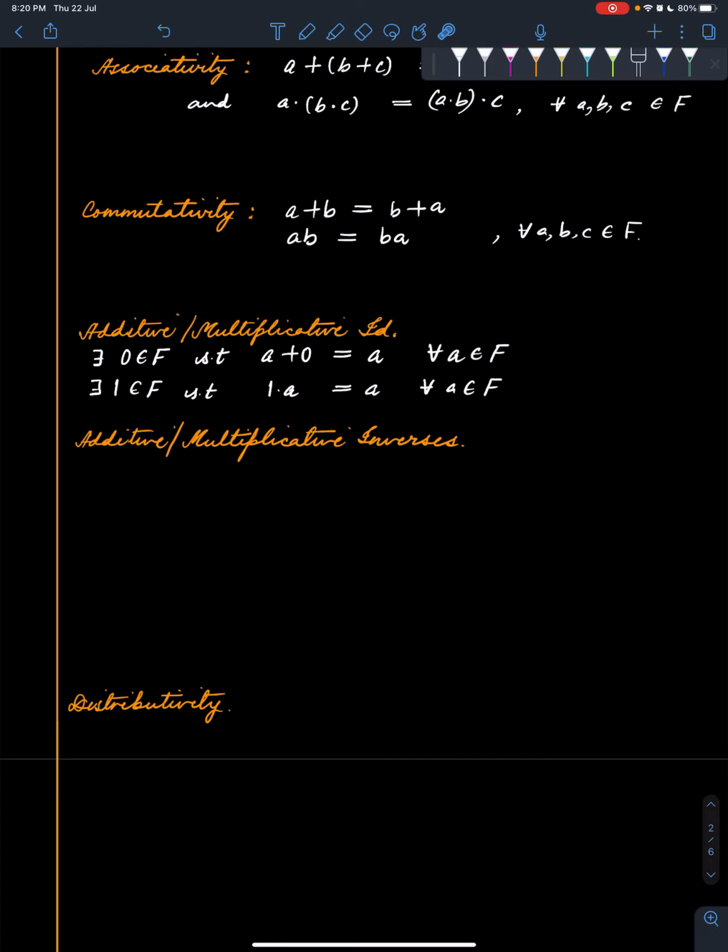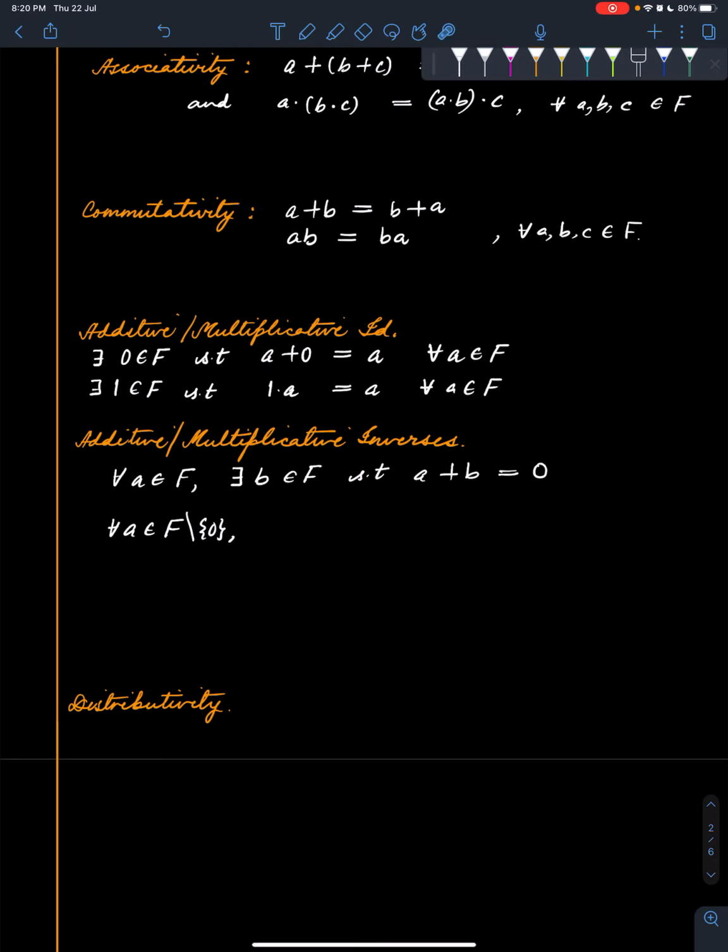And now for the additive and multiplicative inverses. So what we demand is that for all members in the field, there is some a prime, or let me write b, there is some b in F such that a plus b is 0, and the other is that for all non-zero members of the field, there is some member such that ab equals 1.